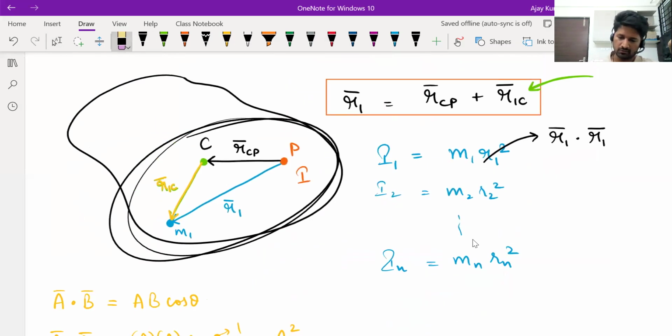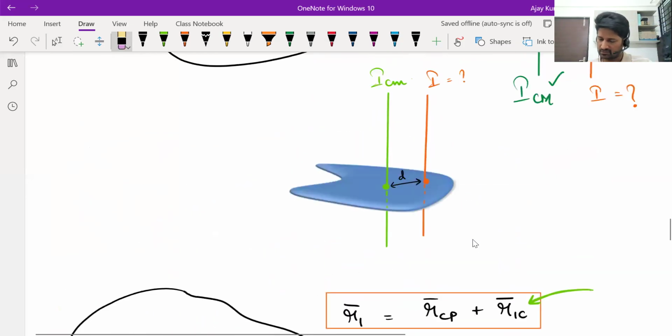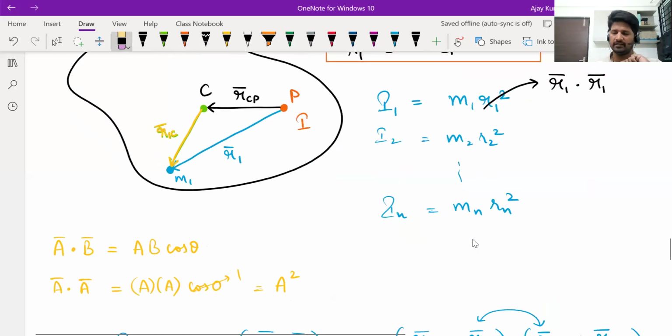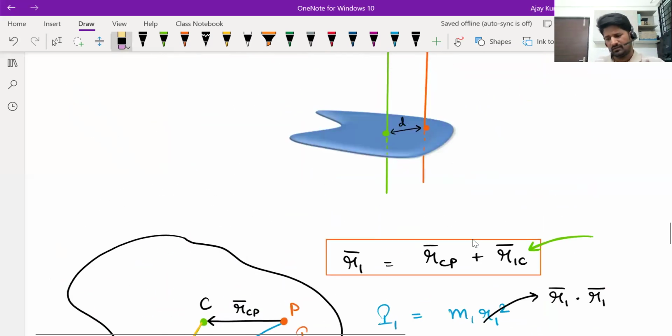Actually, it's hard to make you visualize. Anyway, for now, you just remember it has to be parallel. Otherwise, writing it this way will not be valid. Okay. I'll try to draw a 3D diagram and explain it to you in the next class, why the axis must be parallel. Fine.